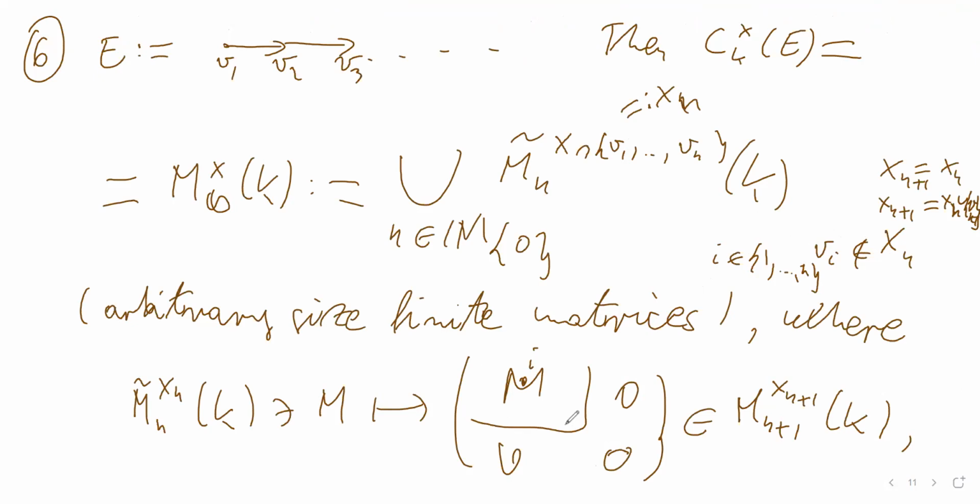If I want to view a matrix n by n as a matrix n plus 1 by n plus 1, I pad it with zeros around, so that m is just in the left upper corner of this n plus 1 by n plus 1 creature. Okay, so this is my sixth and final example.